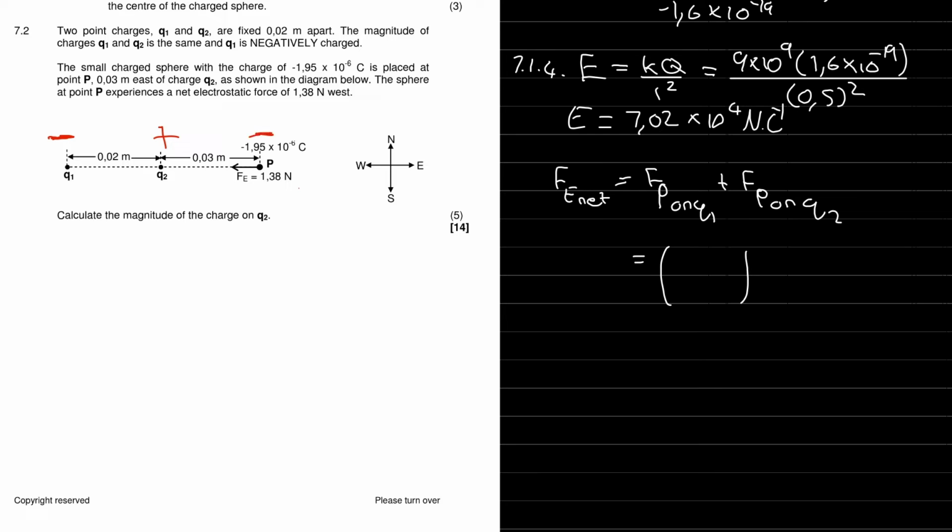So Q1's negative and that one's negative, which means it's a repulsive force. It's going to be negative kQ1Q2 divided by r squared, plus, and this is an attractive force so it's just going to stay positive, kQ1Q2 over r squared. And this is all equal to 1.38 newtons.